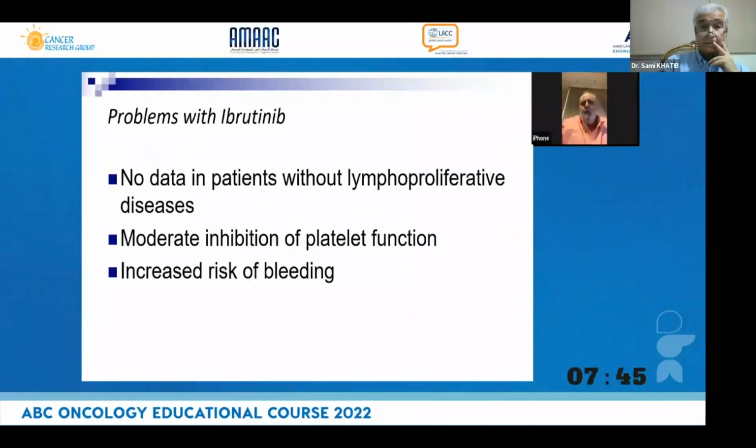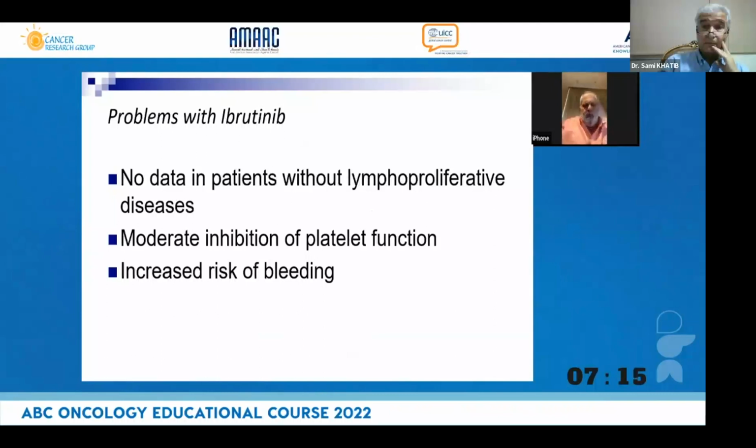Mind you, previously we discussed that at the time of the COVID era, if you want, the old era of COVID, ibrutinib was tried as an anti-inflammatory in patients with severe COVID, especially patients with lung involvement, but we don't have robust data to recommend the use of ibrutinib in this setting.